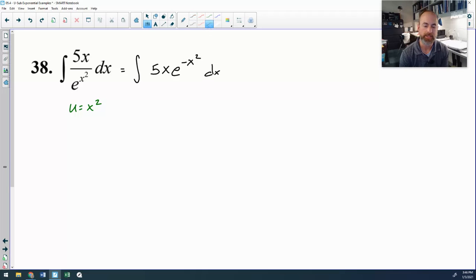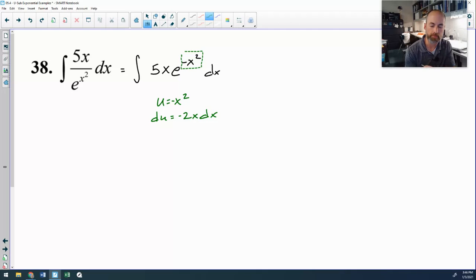And now when I attempt substitution, I'm looking at an exponent of negative x squared, and that's going to alter my u ever so slightly. My u is now going to be negative x squared. So du would be negative 2x dx. And now we run into problem number 2.